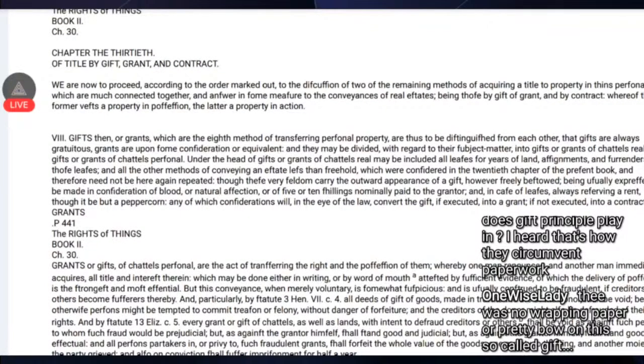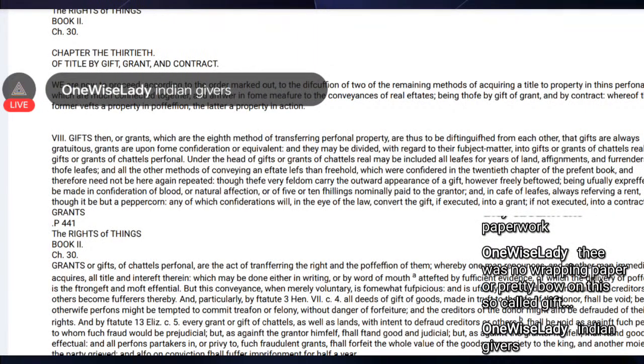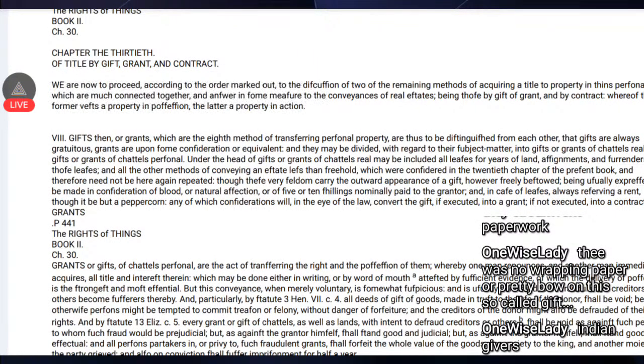Under the head of gifts or grants of chattels real may be included all leases for years of lands, assignments, and surrenders of those leases, and all other methods of conveying an estate less than a freehold, which were considered in the 20th chapter of the present book, and therefore need not be here again repeated.